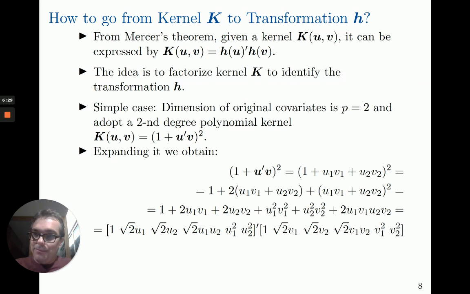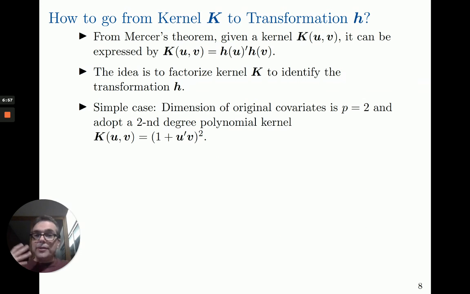It's a problem. But we can use a trick, and that's the kernel trick. Here we just specify a kernel. No matter what the dimension of u and v is, our kernel will be 1 plus u transpose v squared. And that defines a polynomial where, if p equals 3, you're going to have all possible cross products. You can do the calculus here.